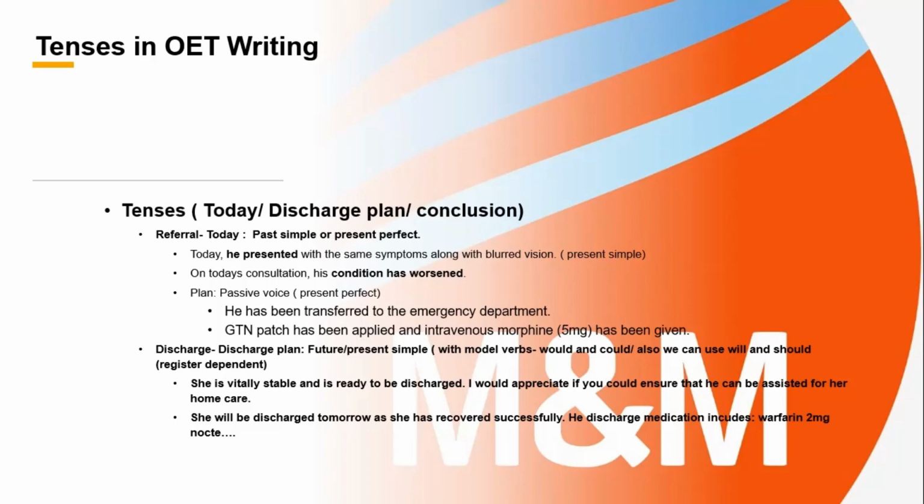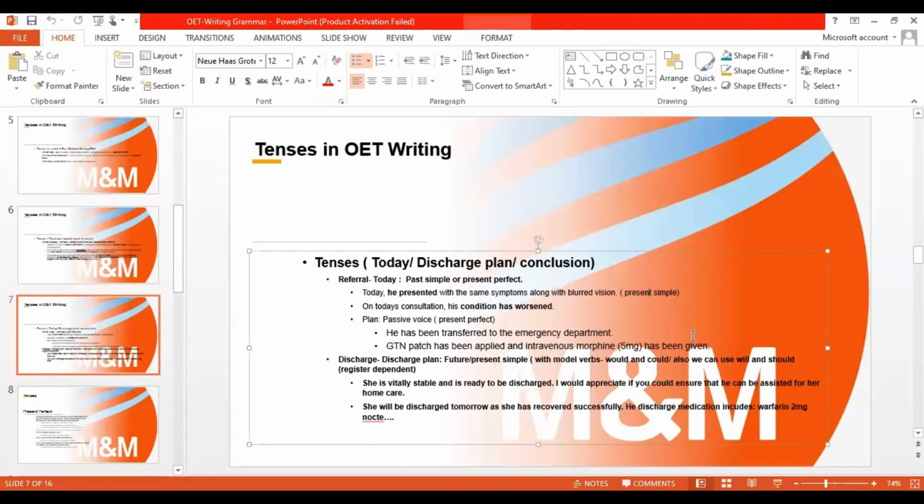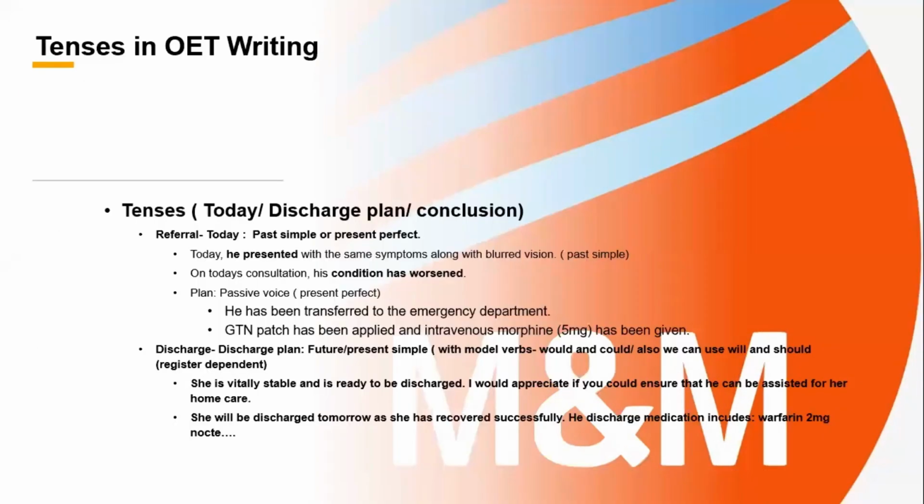So if you can see that we can write it down in the past simple, this is a typing mistake, so I will correct it right away. We can write it down in the past simple mostly. Even in today's visit, we do write it down in the past simple, not the present perfect tense most of the time, right? Okay. And however, there are some investigations that can be written in the present simple tense as well.